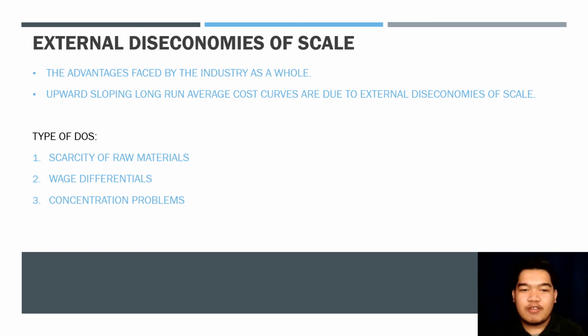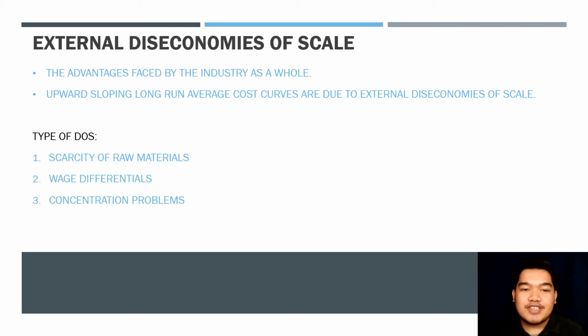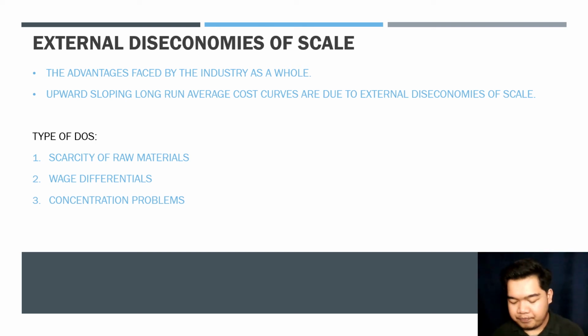The scarcity of raw material is, as an industry expands, there is scarcity of raw material, and as a result, the average cost starts rising. And the second one is wage differential.